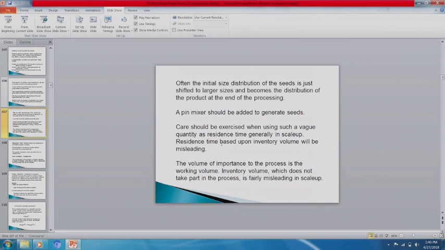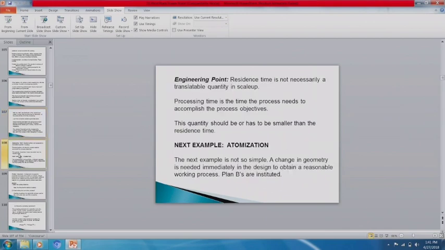There's been a lot of work on residence time distributions, which is sort of like reading tea leaves. The important volume is the working volume. Inventory volume, which does not take part in the process, is fairly misleading in scale-up.